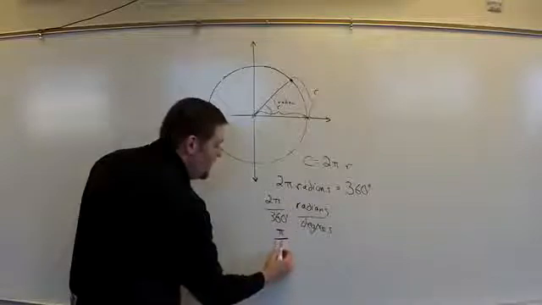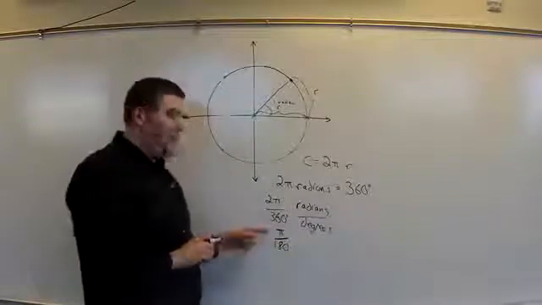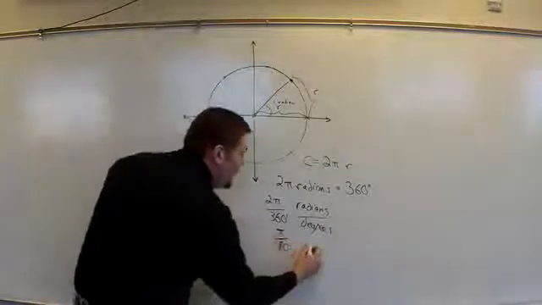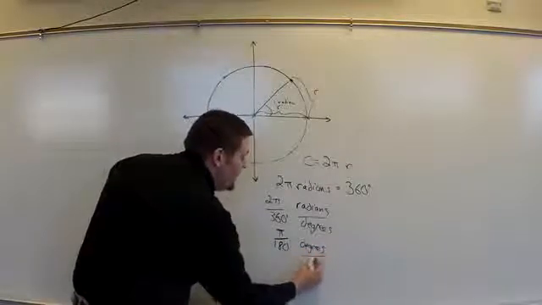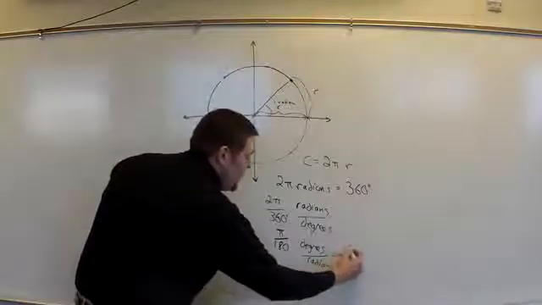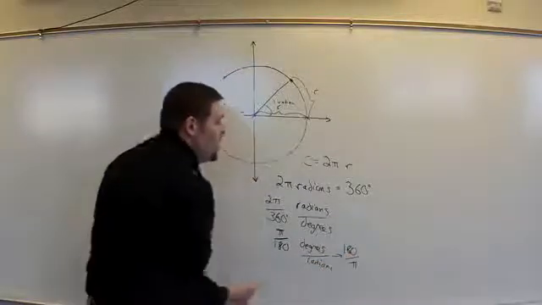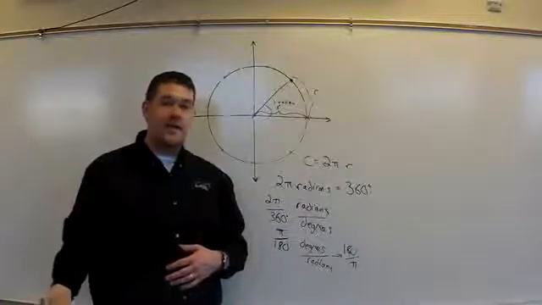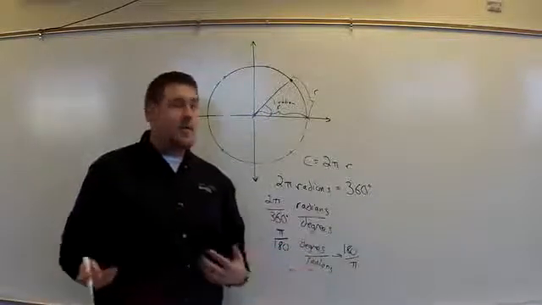It becomes pi over 180. So we oftentimes see pi over 180 or 180 over pi, depending on how we want to write the ratio. Degrees to radians would then be written as 180 over pi. That becomes the ratio that we use to do our conversions, to figure out how many radians are in degree measures or degrees in radians.